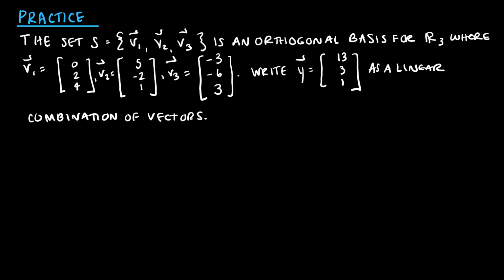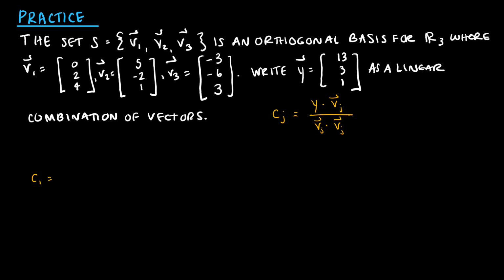Again, all I'm going to do is use that formula that says to find the scalar, or the weight, I'm just going to take y times whatever my vector is, so we'll just say vj, over the dot product or inner product of vj with itself. So that's what I'm going to do then. For C1, I'm going to take y dot v1, and I'm not going to write that out this time.